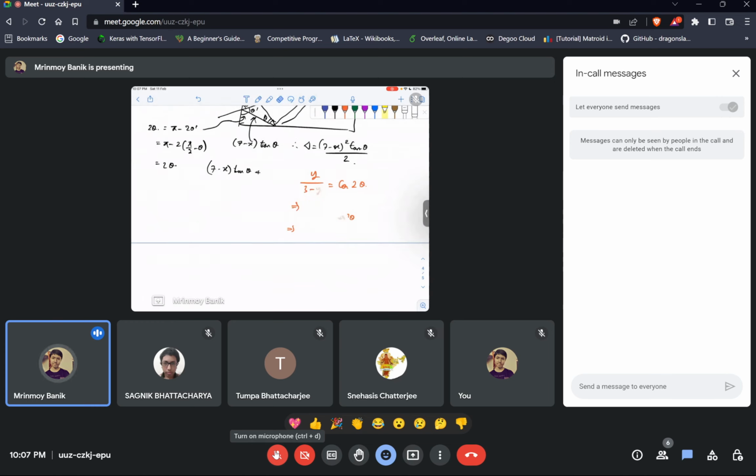Just subtract 1, so this is 3 by 3 minus y. So you're adding 1: 1 plus cos 2 theta, which is 2 cos squared theta.